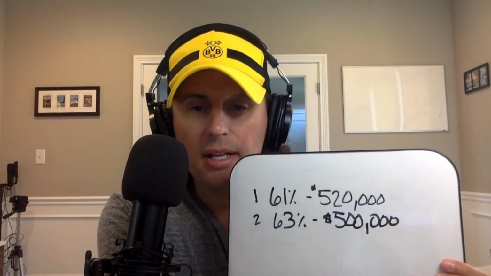Pretty generous here. 61%, it's going to be $520,000. The other option is 63% of $500,000. Okay, so you can go ahead and make your choice.